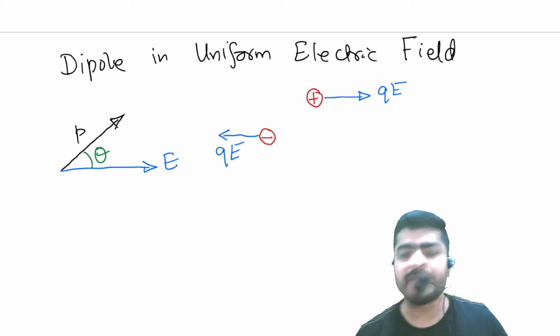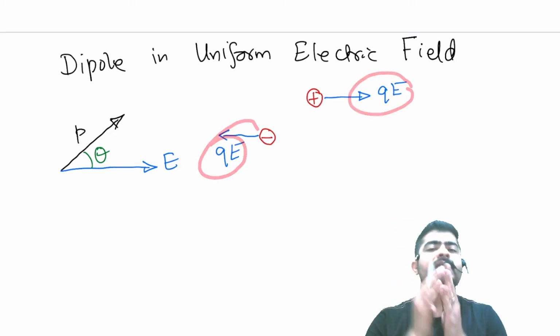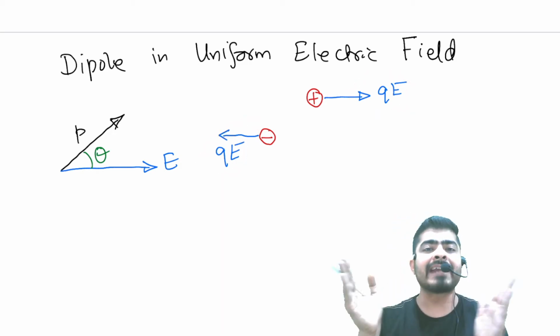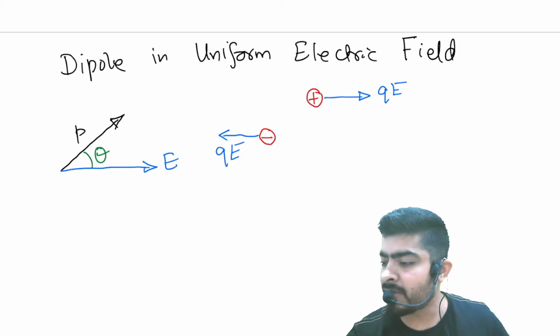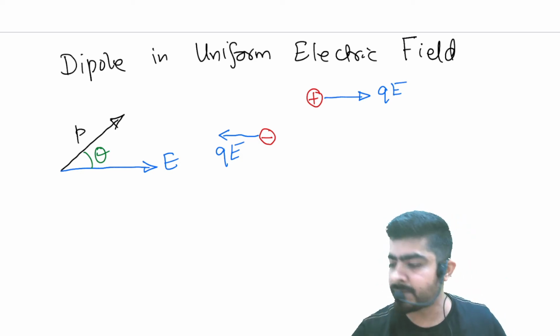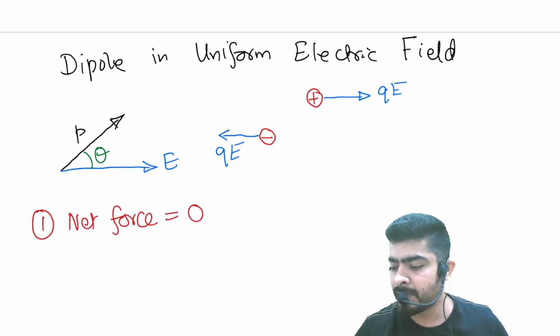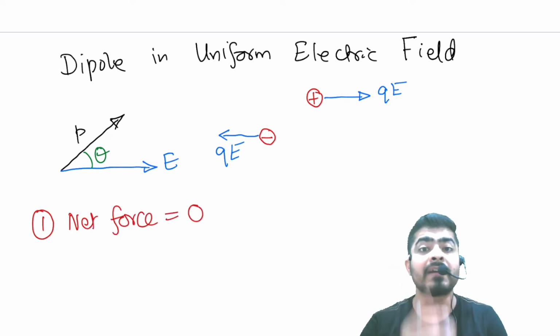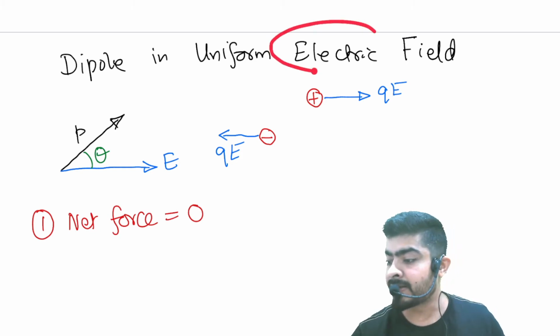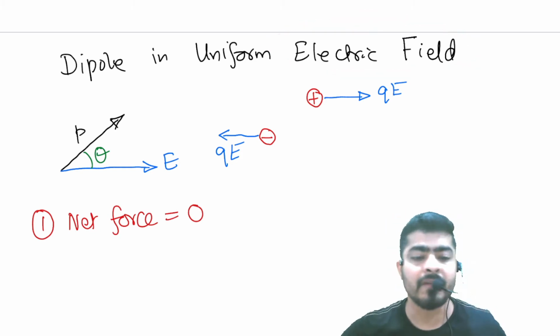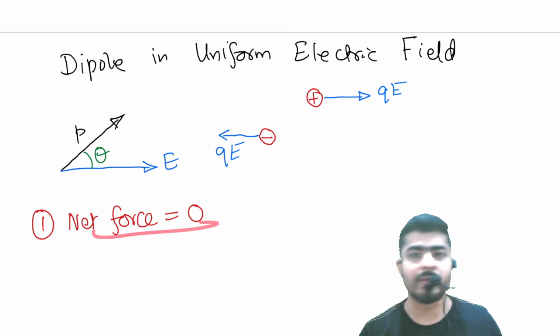So if you observe, this force and this force both have the same magnitude but opposite direction, so they cancel each other. So the first point we can note is that net force is zero in uniform electric field. This is important. In a uniform electric field, we get net force 0.